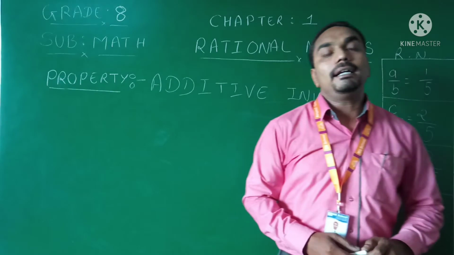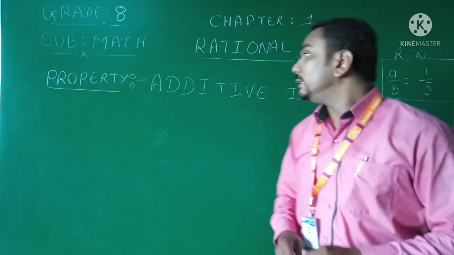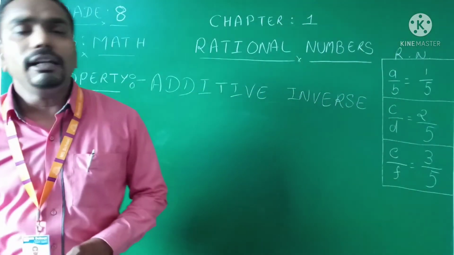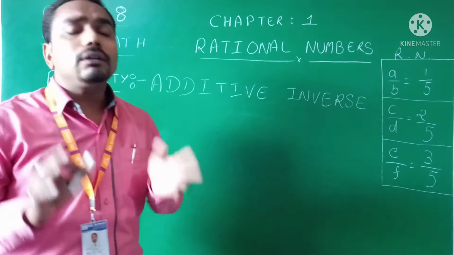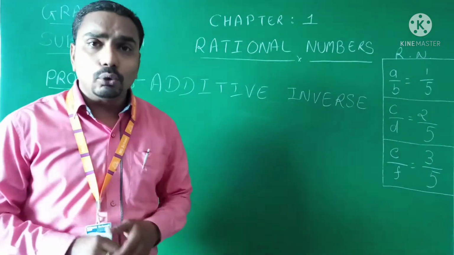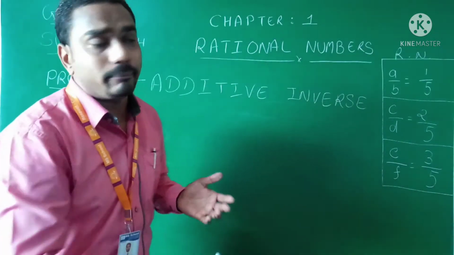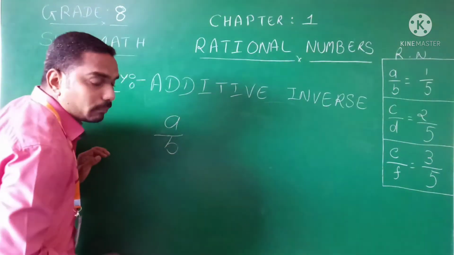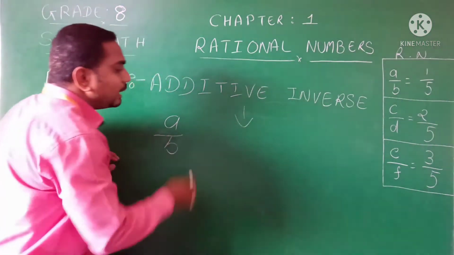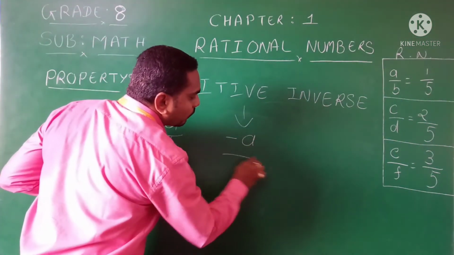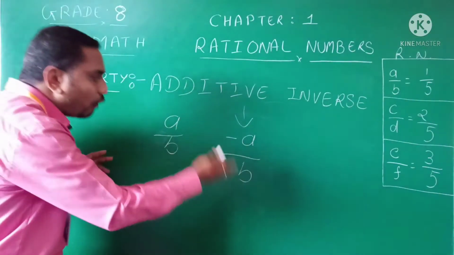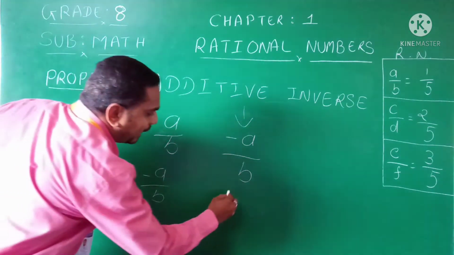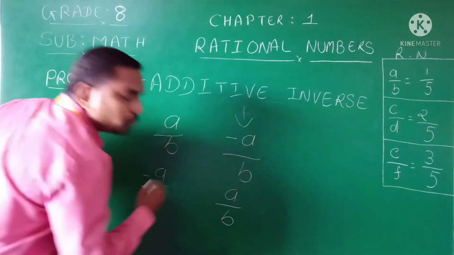Now let's understand the fifth property, that is additive inverse. So students, in additive inverse it's very easy. Whatever rational number is given to us, we just need to change the sign. For example, if a upon b is given as a rational number, the additive inverse will be minus a upon b. If it's given as minus a upon b, we can write a upon b.